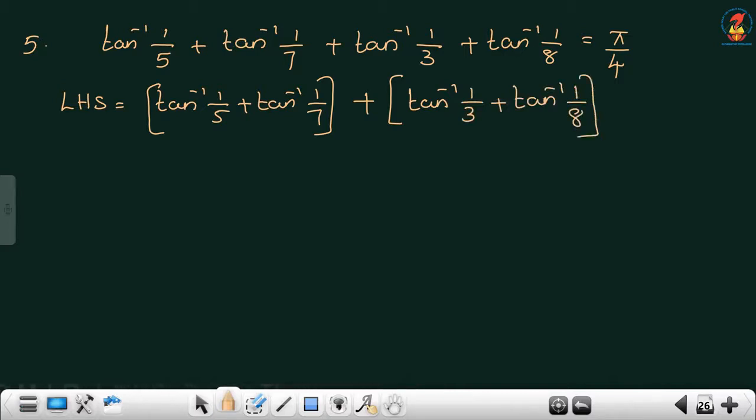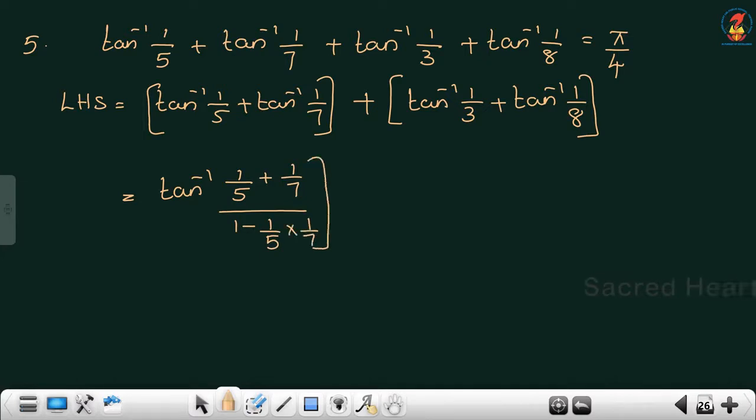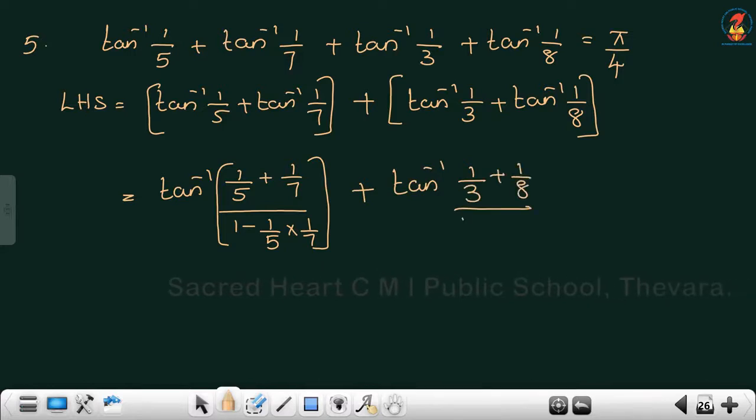Then here addition formula, tan inverse x plus tan inverse y is tan inverse x plus y by 1 minus x into y. The next bracket, tan inverse again x plus y by 1 minus x into y.